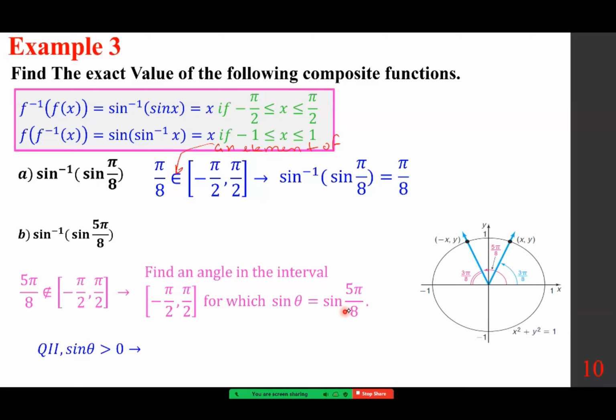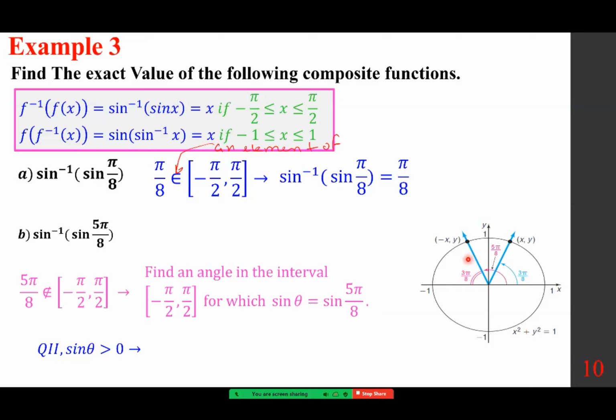If you look at 5 pi over 8, everybody, its reference arc, remember, is the angle that the terminal side makes with the x-axis, the closest one. In this one, the closest one is this side, is 3 pi over 8.